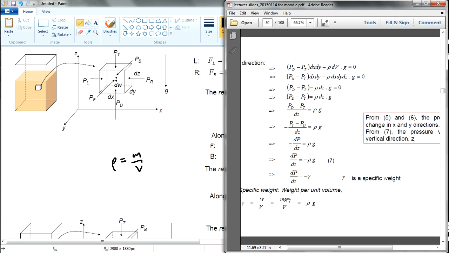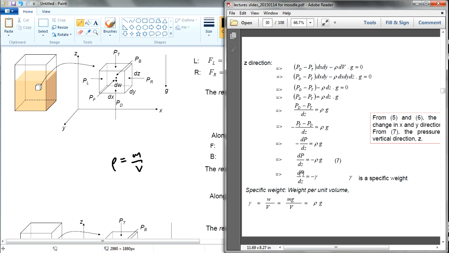And then you will derive the specific weight: dP/dz equals minus gamma. Rho g we can say is gamma, and gamma itself can be rewritten as described over here.